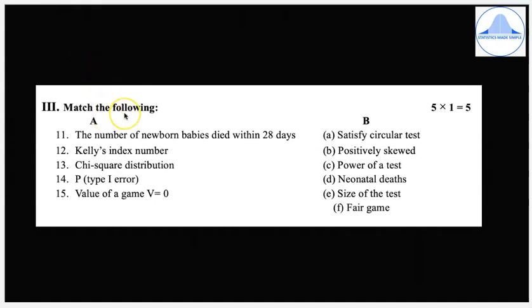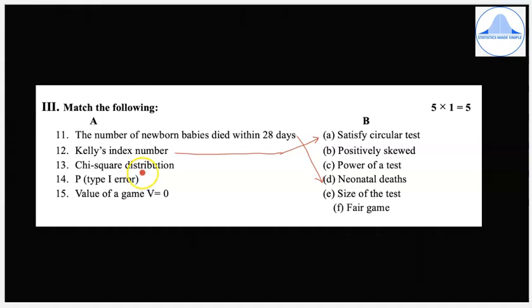Third main, match the following. 11th question, the number of newborn babies died within 28 days, that is referred to as neonatal deaths. Kelly's index number, it satisfies the circular test.